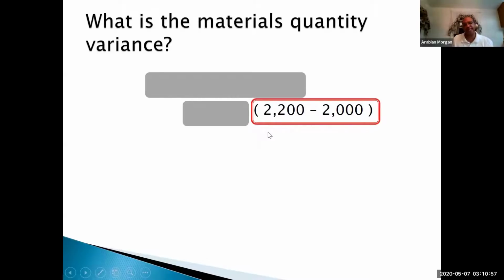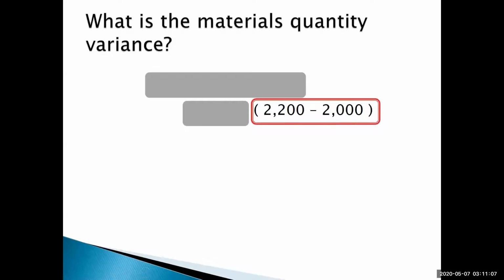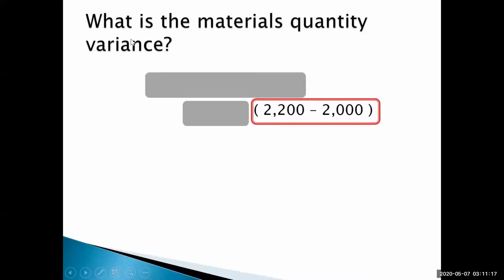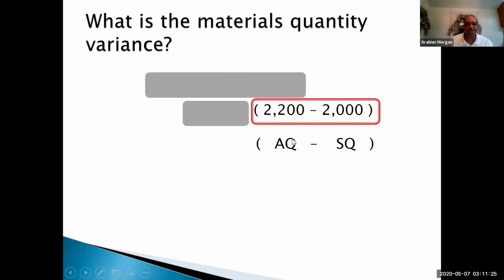So this is saying that we used more material than we should have used. Is that a good thing or a bad thing? That is bad. We used more material than we were supposed to. The actual quantity was higher than the standard amount. That means something went wrong.